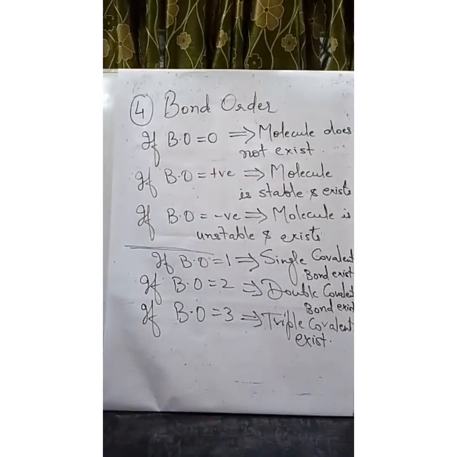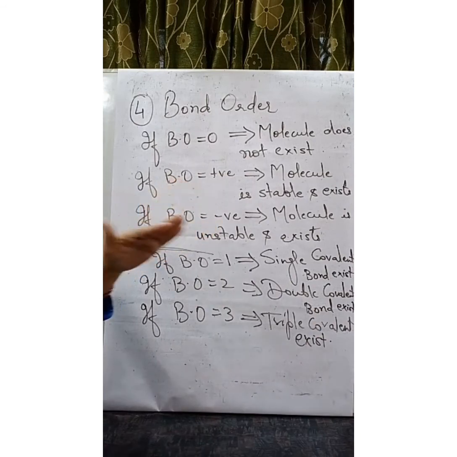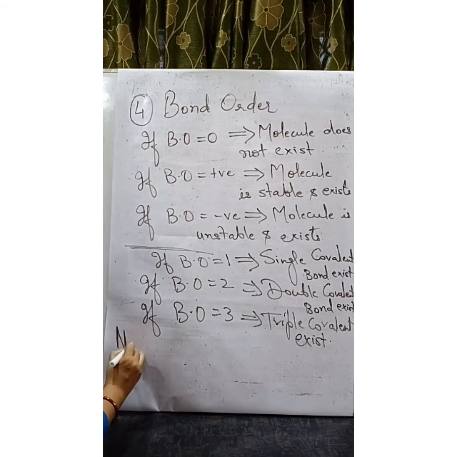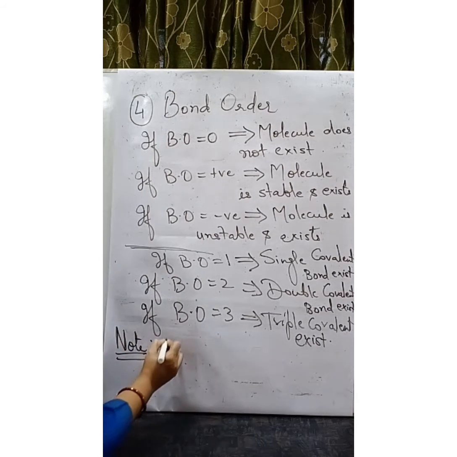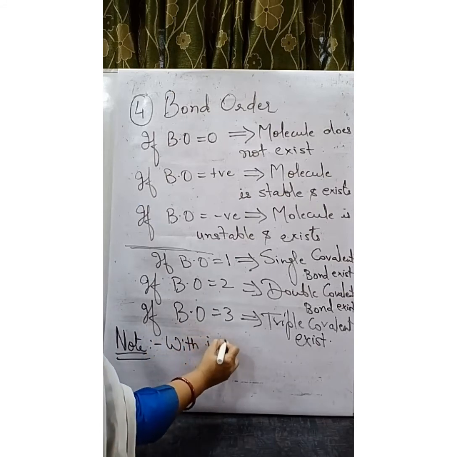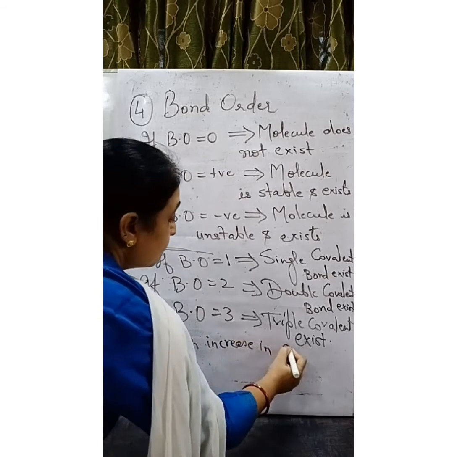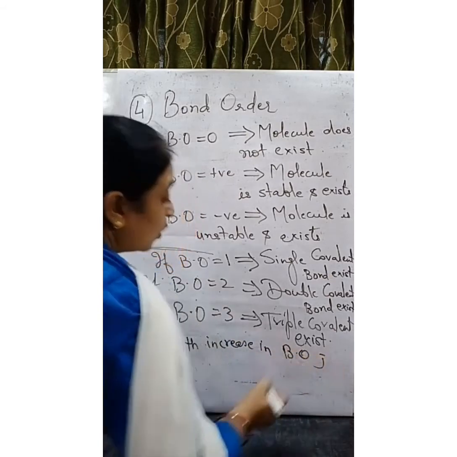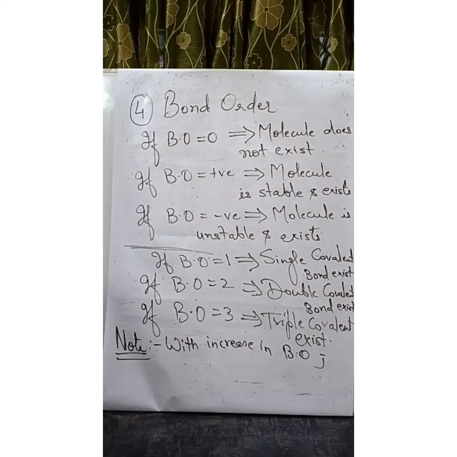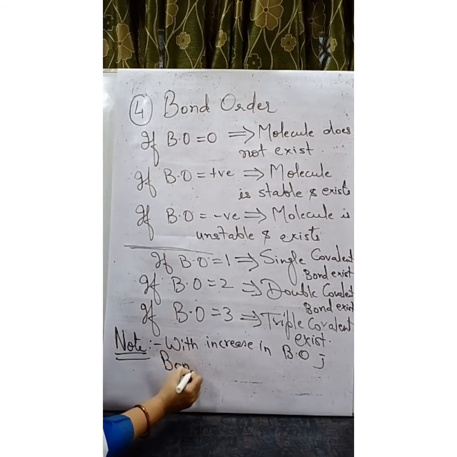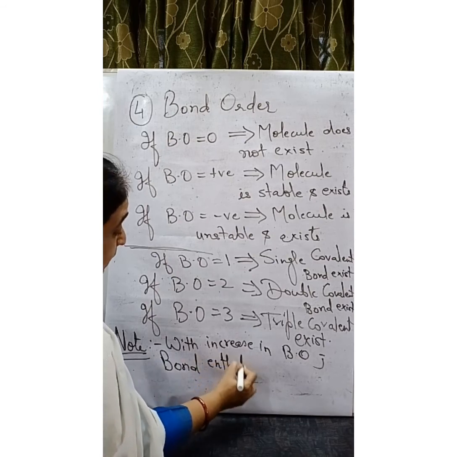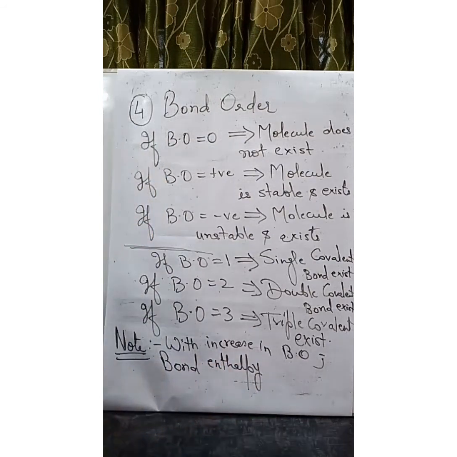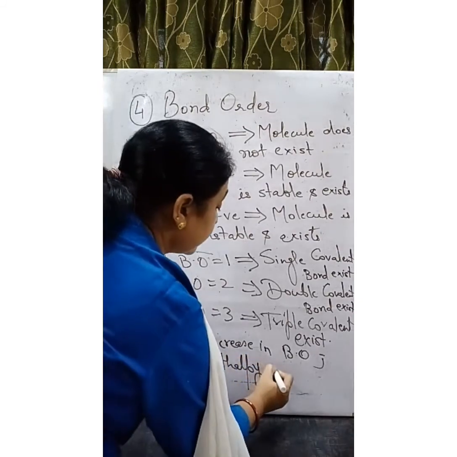With the increase in the value of bond order, bond enthalpy increases and bond length decreases. So you have to keep this note in your mind. If the value of bond order increases, bond enthalpy, that means bond energy, is going to increase.